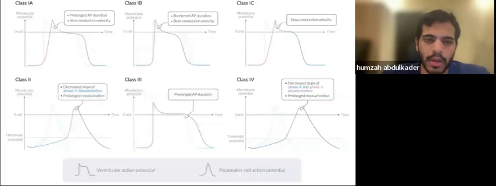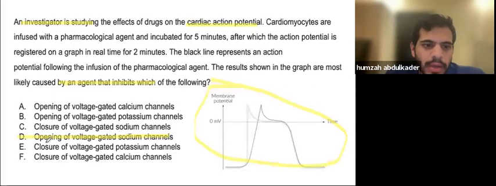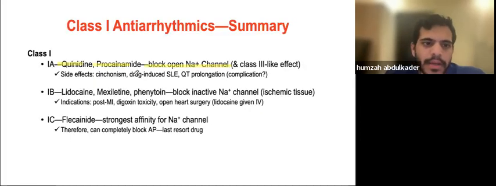And just some tidbits about each one. Class 1A, quinidine, procainamide, they block the sodium channels, right? Which is why this was the answer over here to our question. Okay, block the opening of the sodium channels. Some important side effects, specifically drug-induced SLE with procainamide, and QT prolongation.